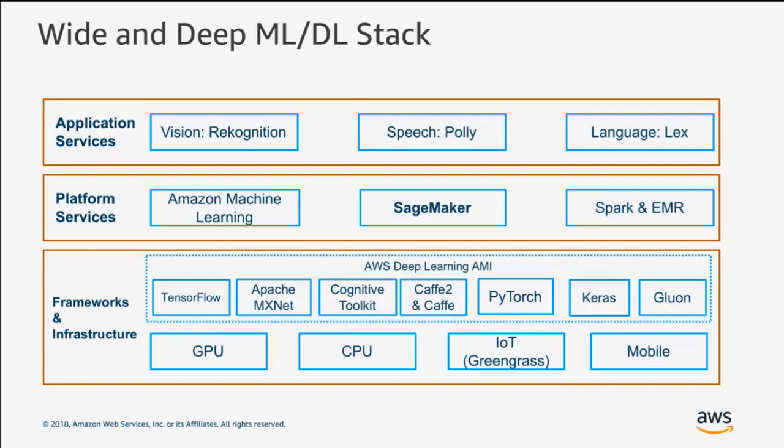It packages up a number of frameworks and tools to take advantage of a number of the native capabilities of AWS, from the GPU accelerated options that are available to newer mobile options like AWS Greengrass.